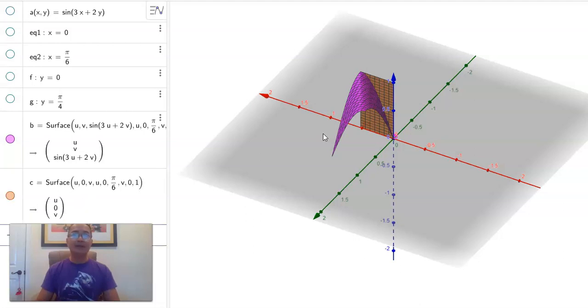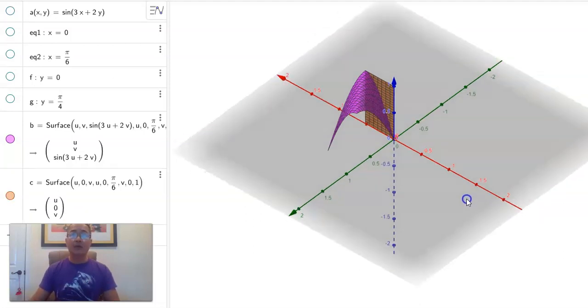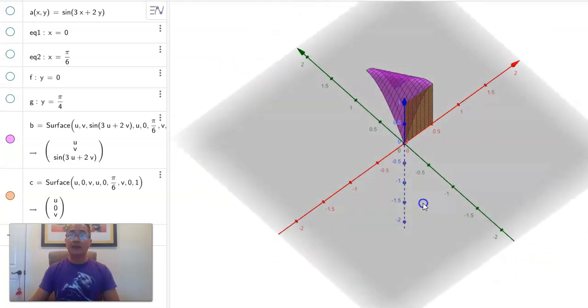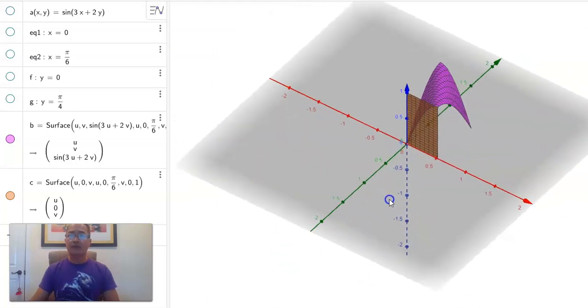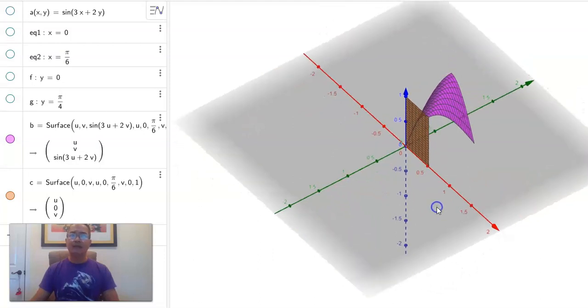There you go. So here is one wall, one of 4 walls. Now, unfortunately, I cannot force GeoGebra to stop at that curve. The domain of the surface function has to be a rectangle, so I can't say, could you please stop at sine of 3x, because y is 0.